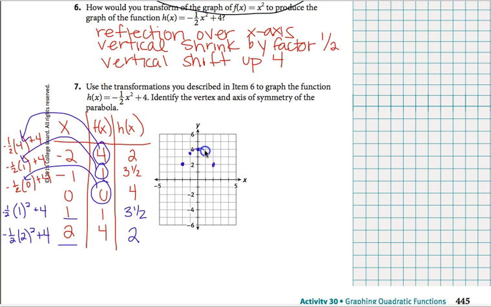So vertex up here, making it round, connect the dots. It says identify the vertex and the axis of symmetry. So I think we can agree that the vertex is at 0, 4. Remember, the axis of symmetry is always x equals the x coordinate of the vertex. So x coordinate of the vertex is 0.